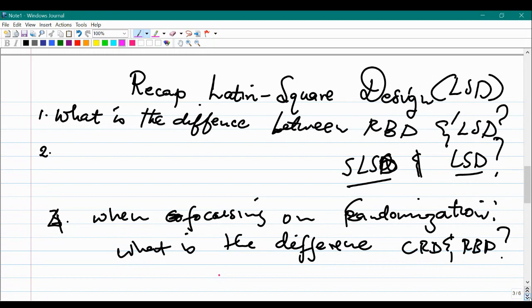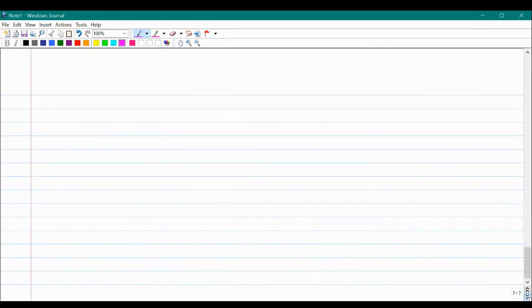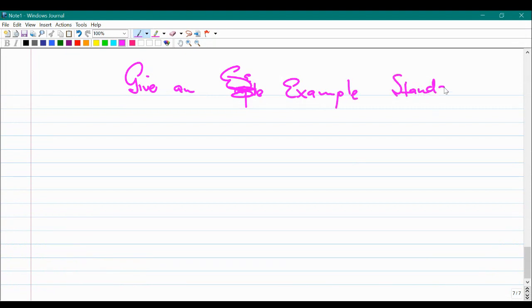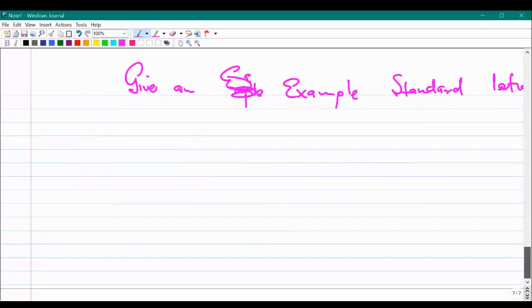What is the first thing you have to do? Give an example of a standard Latin square design where t is equal to 4.